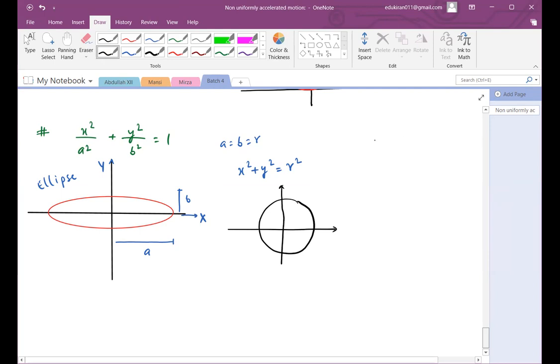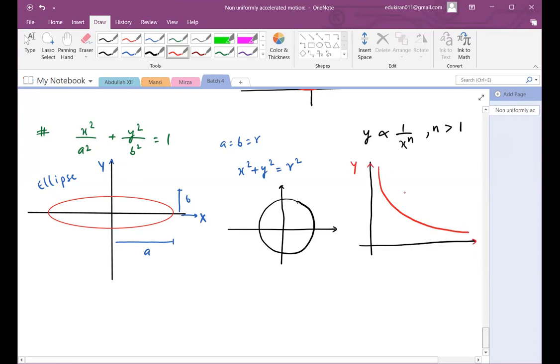And one last expression: if y is inversely proportional to x raised to n, where n is any number greater than 1, the graph of this particular expression is called a rectangular hyperbola, or it will be like this.